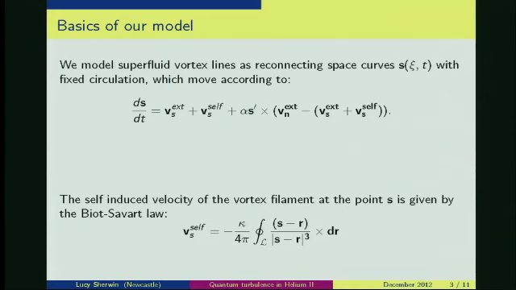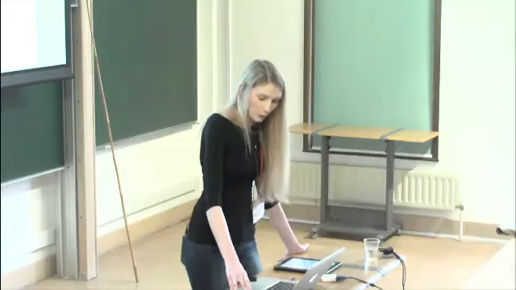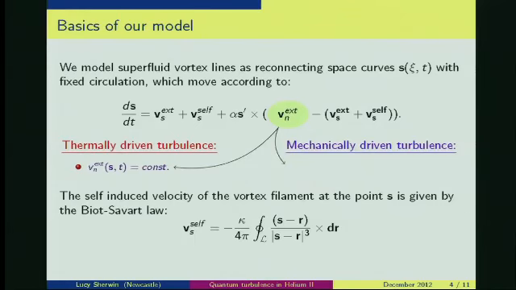Now if we look in a bit more detail at the normal fluid component, this can be modelled in different ways, and the two which I'm going to look at are a constant normal fluid component versus a turbulent normal fluid component. A constant normal fluid component can be produced experimentally, for example, by applying a heat flux at one end of our system.